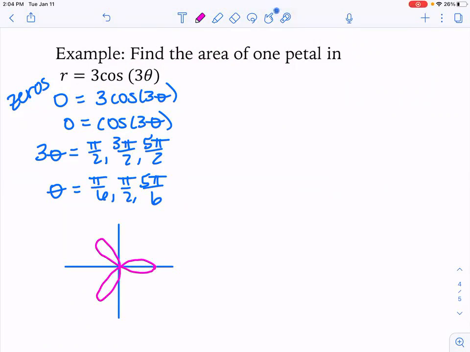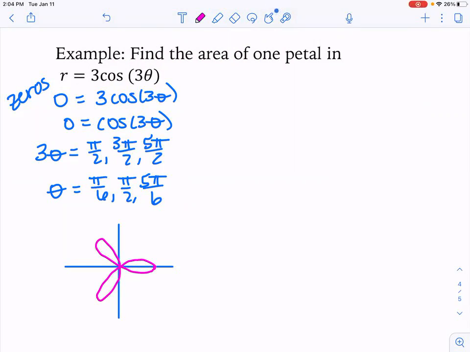We can take our integral from pi over 6 to pi over 2, because we know that's where one petal starts and stops. Or do these petals have symmetry? Like this petal with itself, we could cut it in half and it's symmetric with itself.